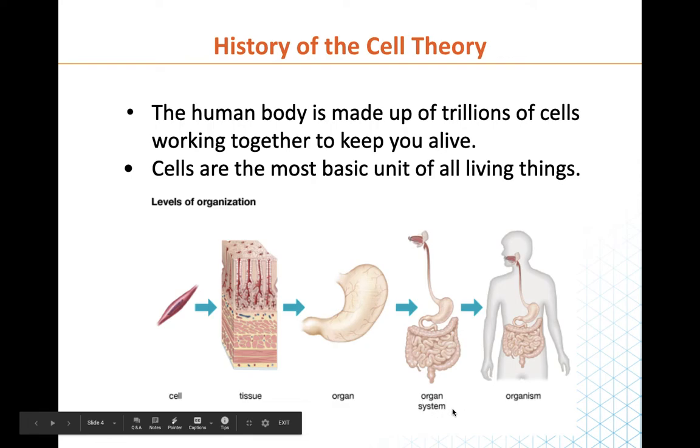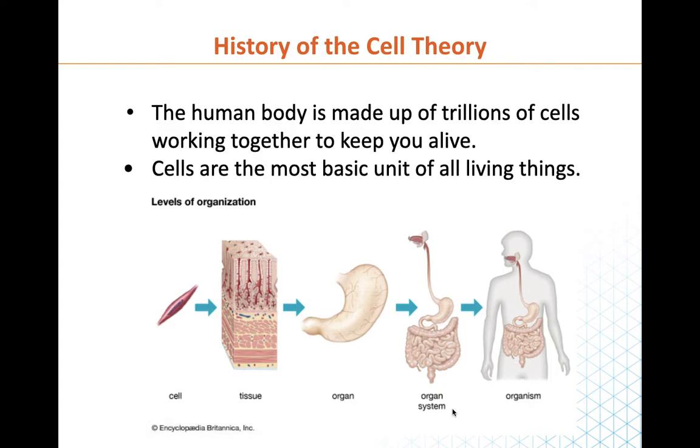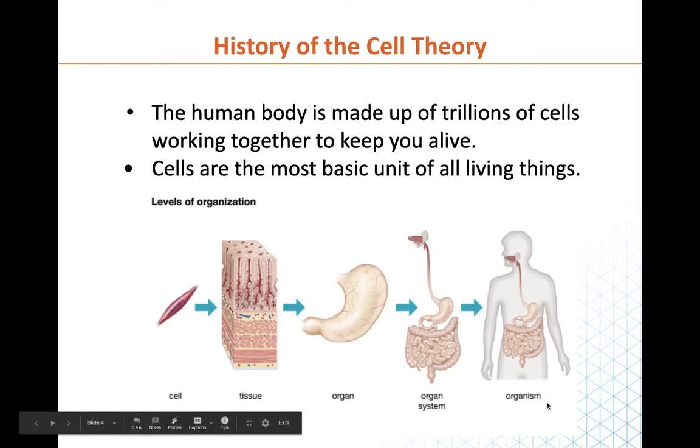And of course, one organ system does not work on its own. It needs all the other organ systems together, and all the organ systems working together creates an organism, which is the living thing overall, right? And all of this starts off with the most basic building block, which is a cell.